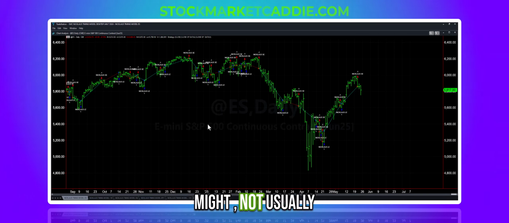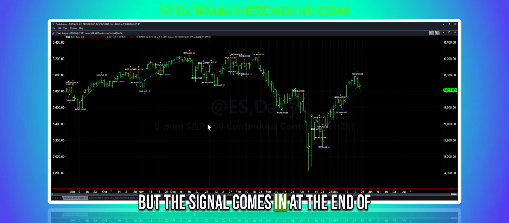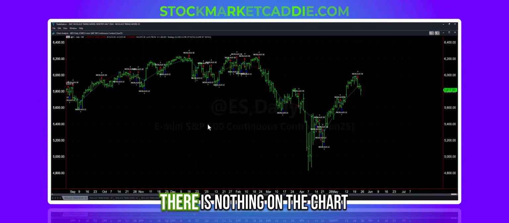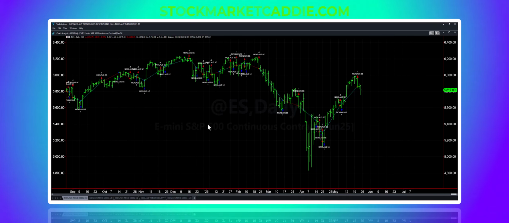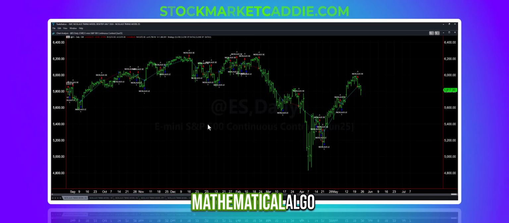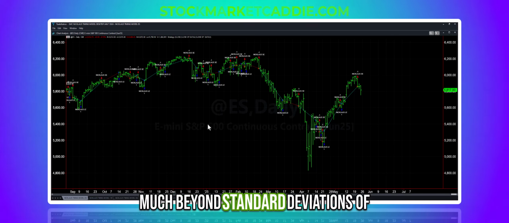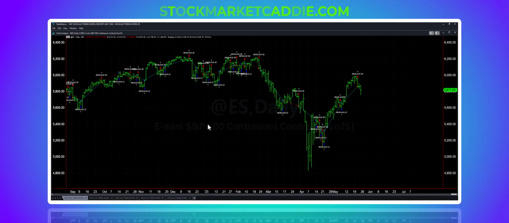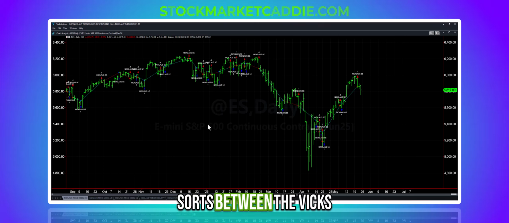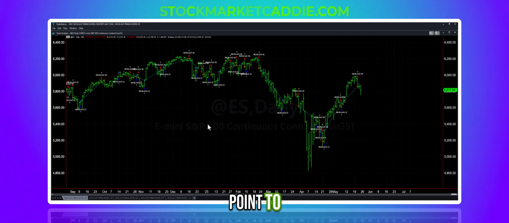It might, not usually, but the signal comes in at the end of the day based on the close. There is nothing on the chart that I can see or point to. It is a mathematical algo, much beyond standard deviations or correlations. I suppose there's a correlation of sorts with the VIX, but it's mathematical, nothing I can point to.